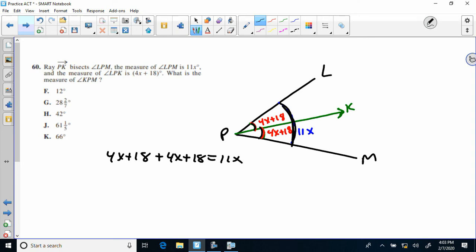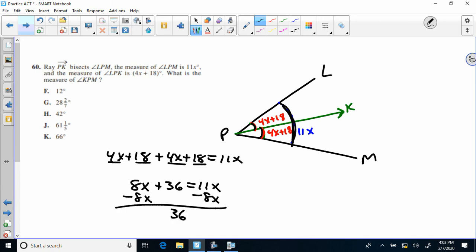And then we just solve it. 4x and 4x is 8x. 18 and 18 is 36. So if I subtract 8x over here, I'm going to get 36 is 3x, or x is 12. And that's not what they asked us to find, but we need to find it to get to where they want. That gives us x is 12.